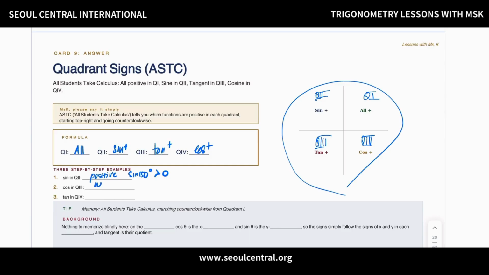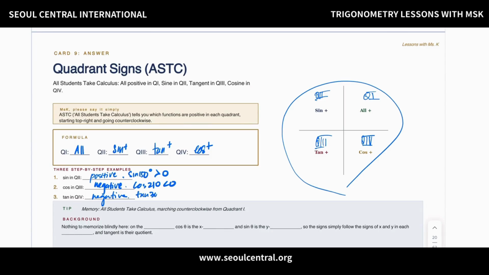And cosine in quadrant 3 is negative, because in quadrant 3, only tangent is positive. So cosine 210 is less than 0. And then tangent in quadrant 4 is negative, because only cosine is positive.